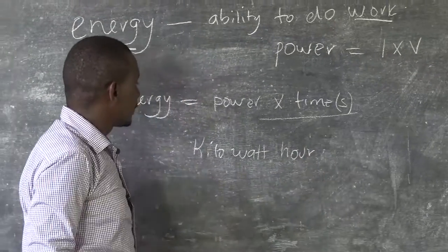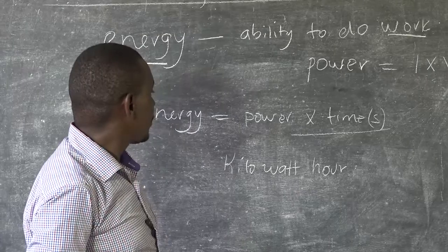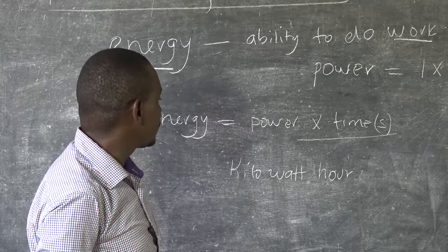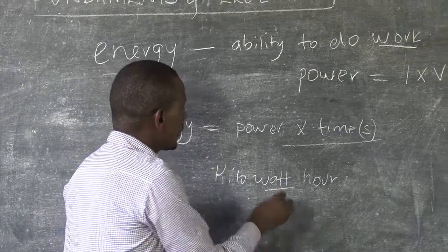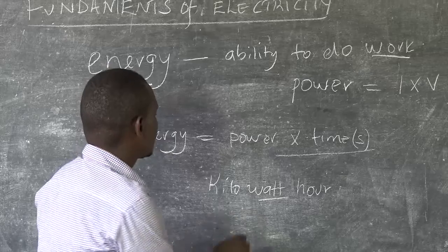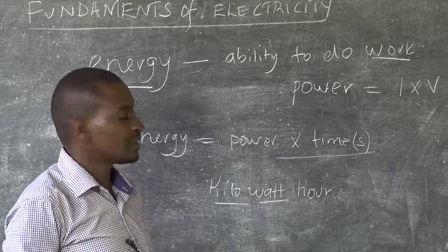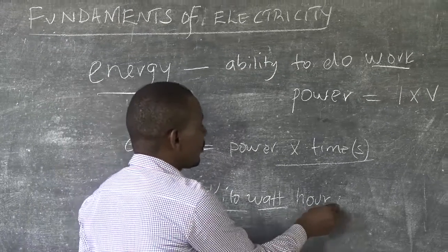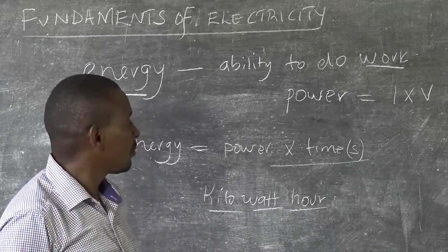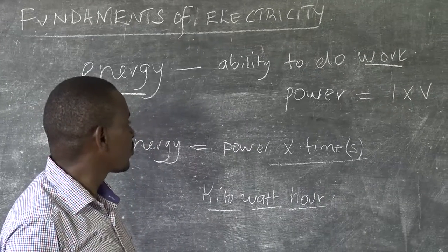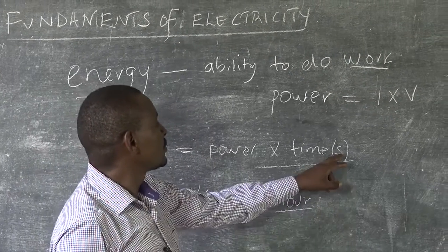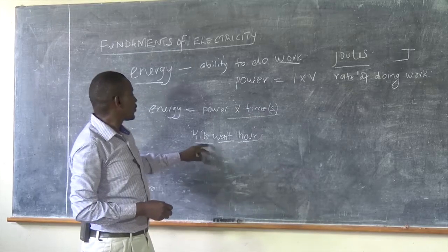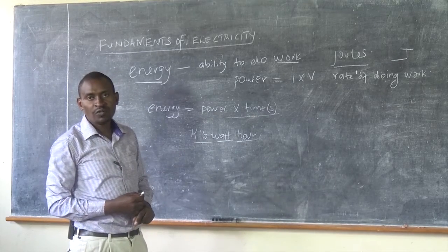From our earlier explanation, it is possible to know what is what. Kilo simply stands for 1,000, and hour is time. But our time now has been converted from seconds to hours, so that you get 1 unit of electricity.